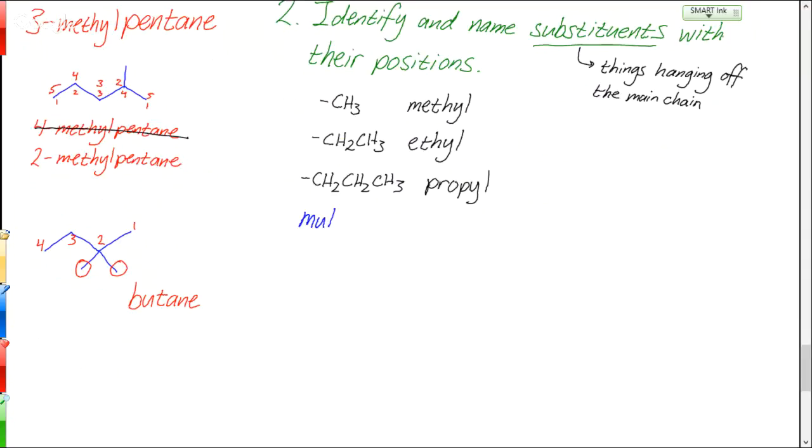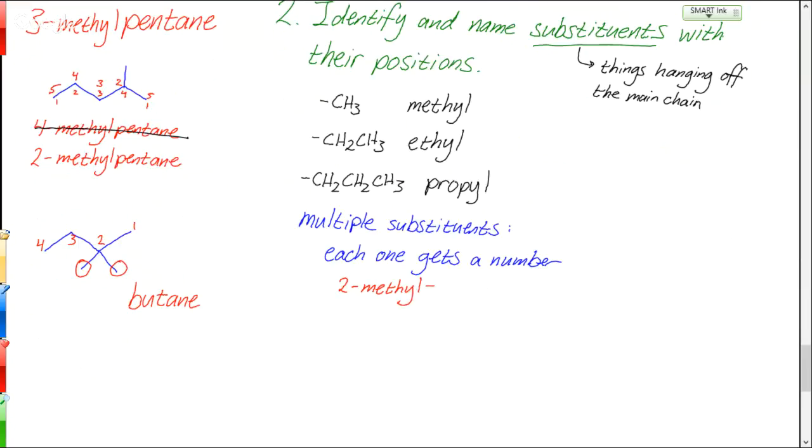Let's write a rule here, and then we'll apply it. For multiple substituents, each one gets a number. Okay. So for instance, 2-methyl, 3-ethyl, or whatever it is.